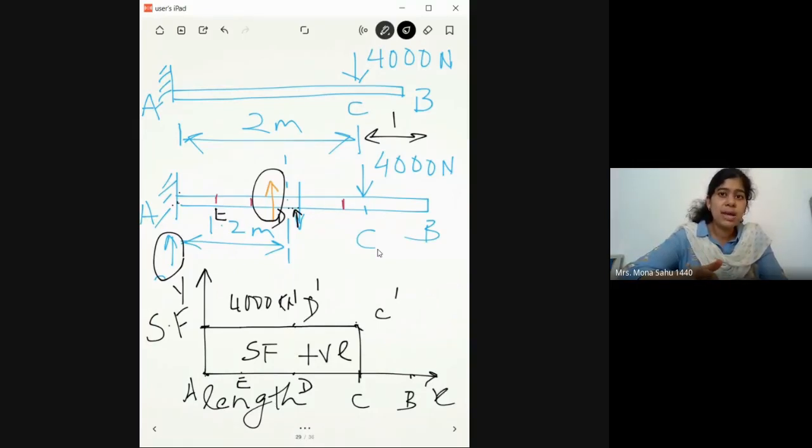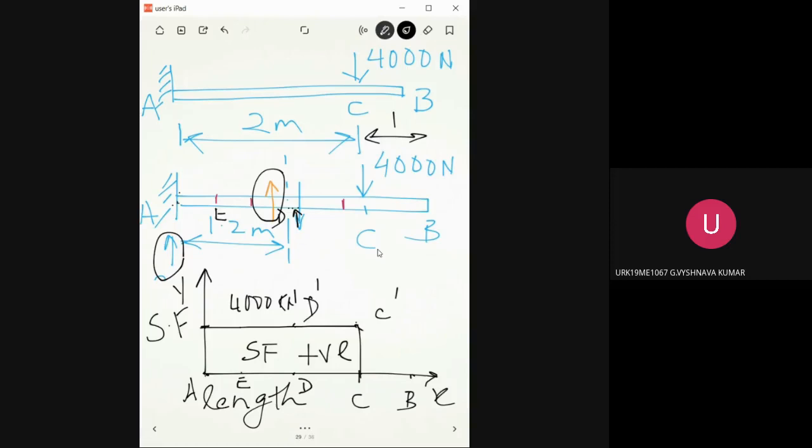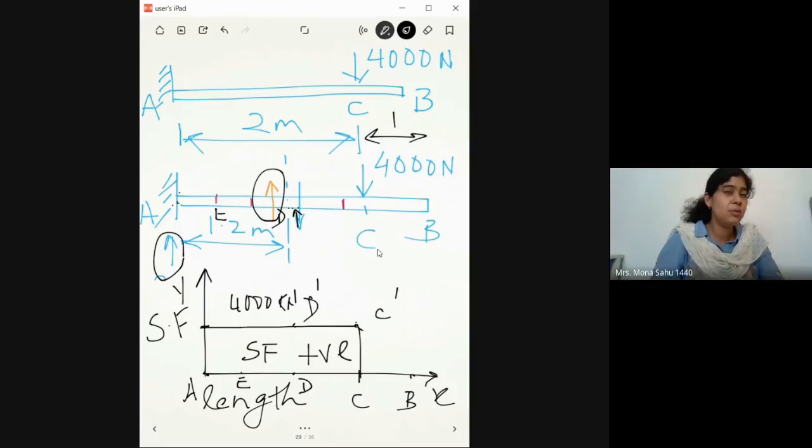We'll start with cantilever, for both the loads, point load and UDL, then we'll go ahead with simply supported, and then with overhanging beam. But are you guys clear about how to calculate the reaction forces? Up to this clear, ma'am. Don't worry about it, I will explain it again in the next class.